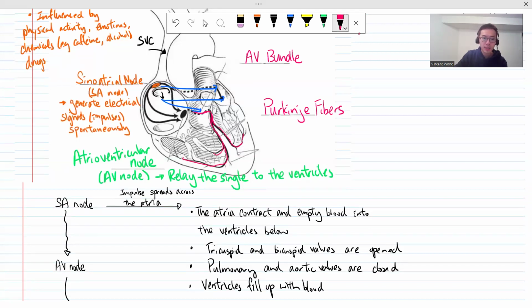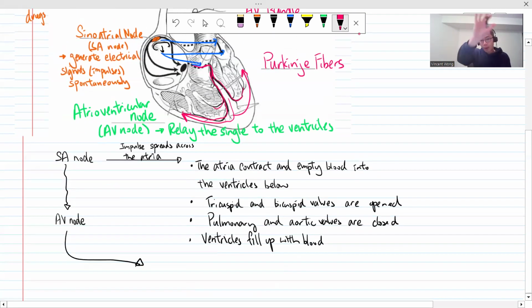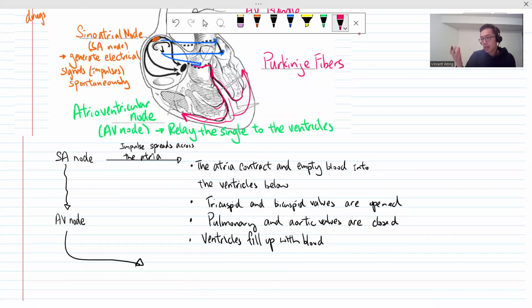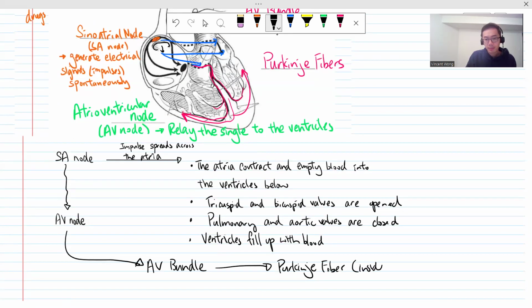So the signal basically spreads down the septum and then up the sides of the ventricular wall. While the signal is being passed down to the ventricles, this whole time the ventricles are filling up with blood. So the AV node goes to the AV bundle and then to the Purkinje fibers inside the septum.